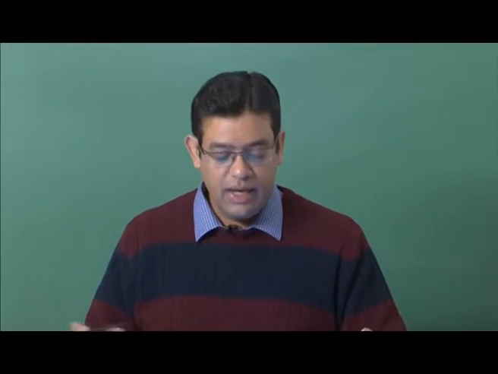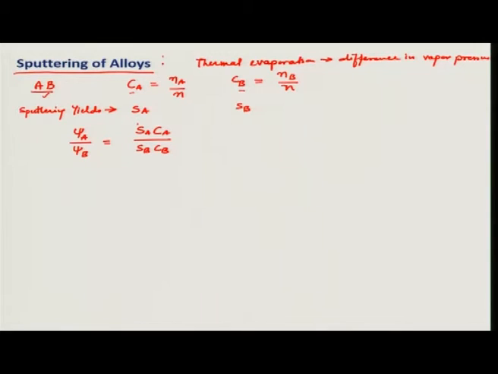Or if the concentration of B is higher in the alloy, then for the same sputtering yields, more B will be sputtered. So, in the flux, the material which is coming out and going to be deposited on the surface or substrate, my psi A and psi B ratio is like this.